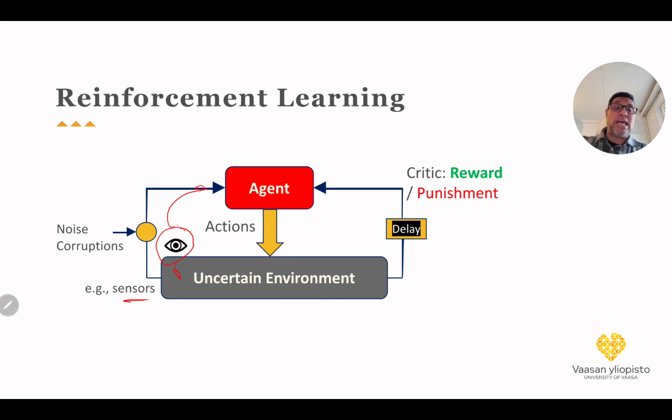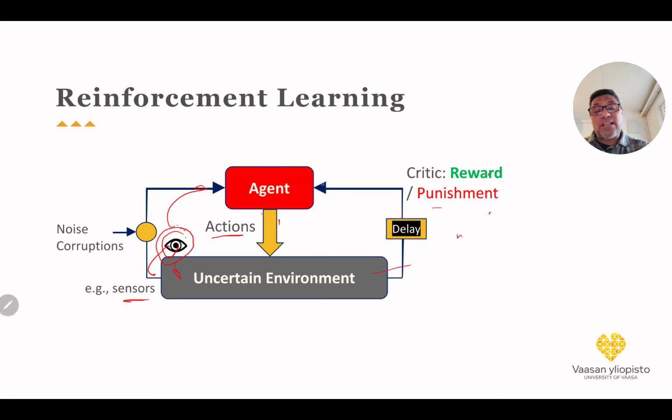So for example, when you move the robot, the environment for the agent will change. So the actions will affect the uncertain environment that we have. Then the sensors look again, and here after some delay, because we have a delay before we get the reward or the punishment.